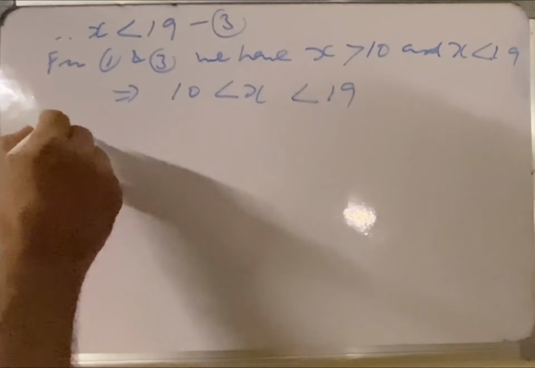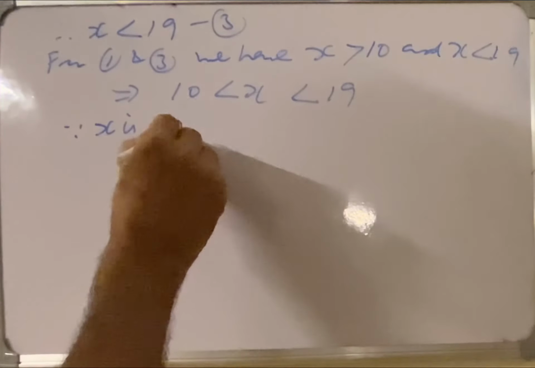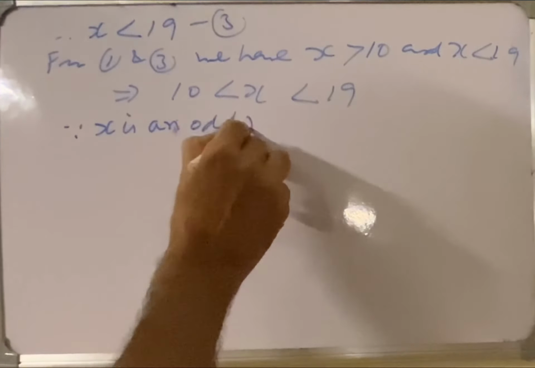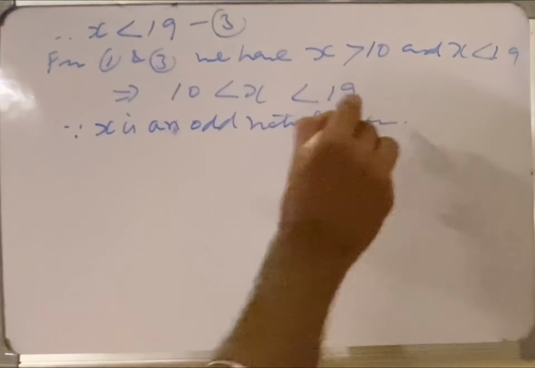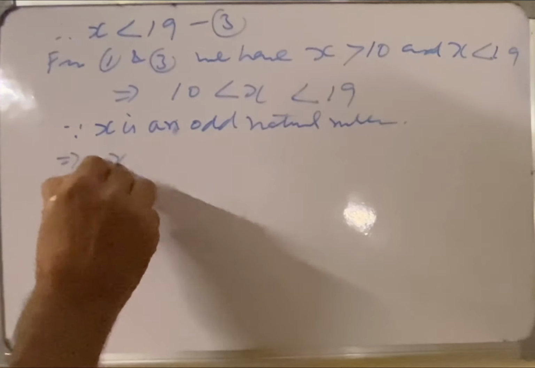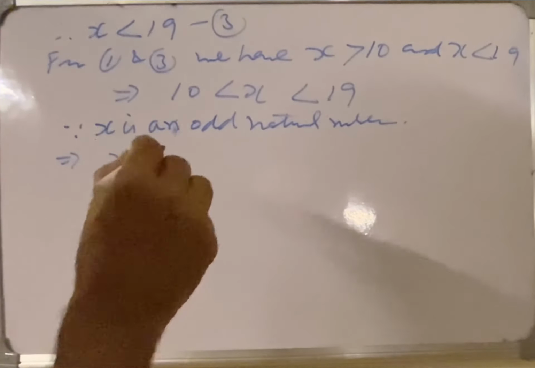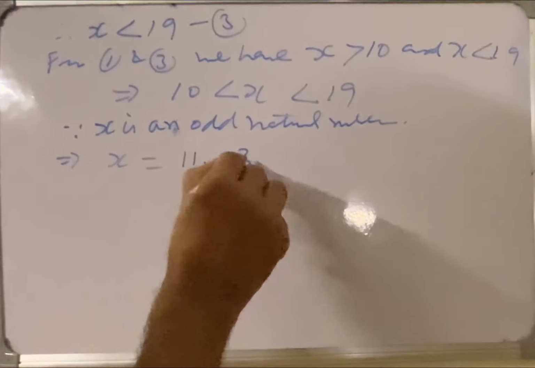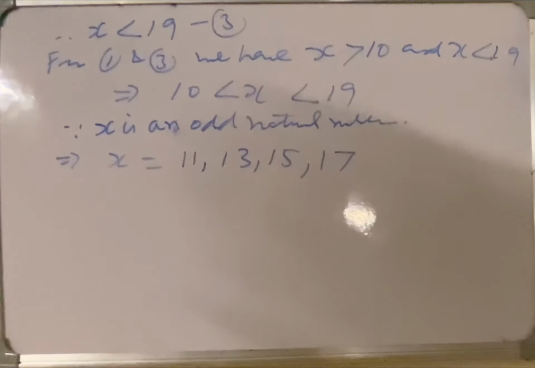Therefore, since x is an odd natural number, x is equal to the odd natural numbers between 10 and 19, which are 11, 13, 15 and 17.